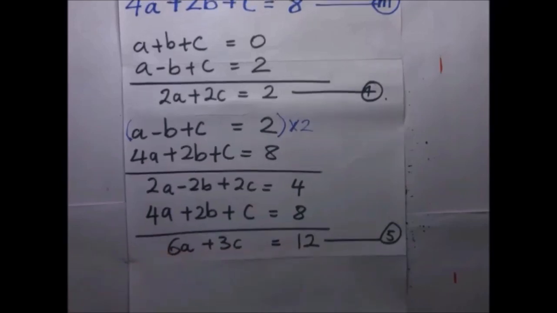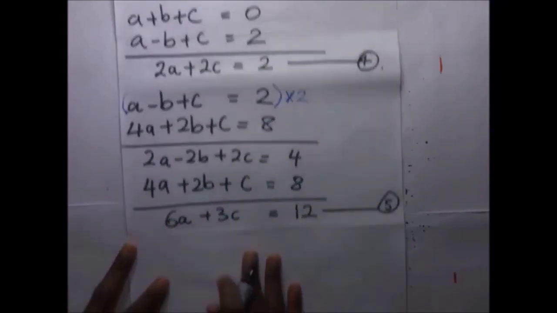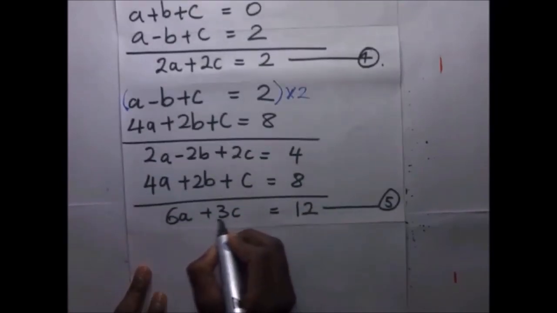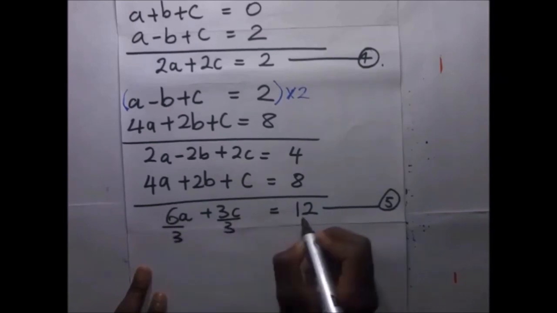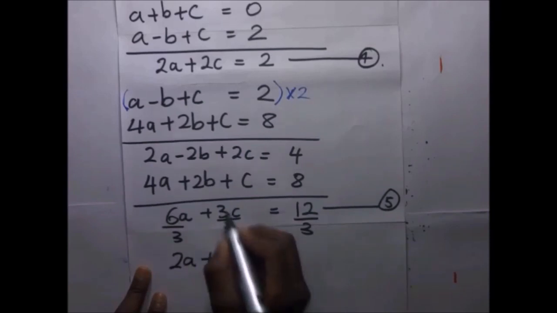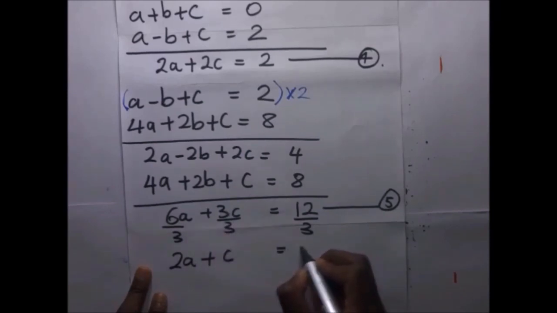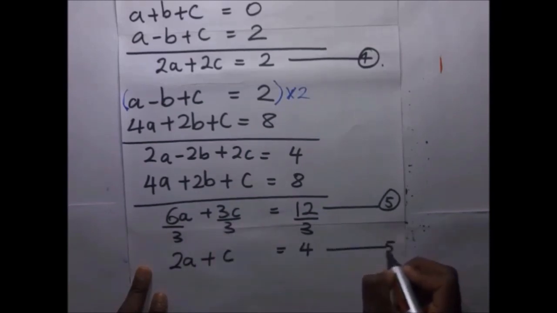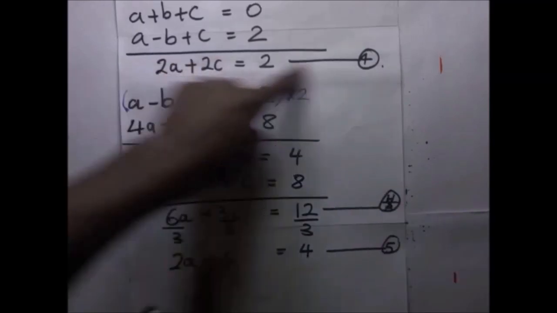If we divide through by 3, simplifying it further, this becomes 2a plus c is equal to 4. That will still be our equation 5. So now we solve these two simultaneously.